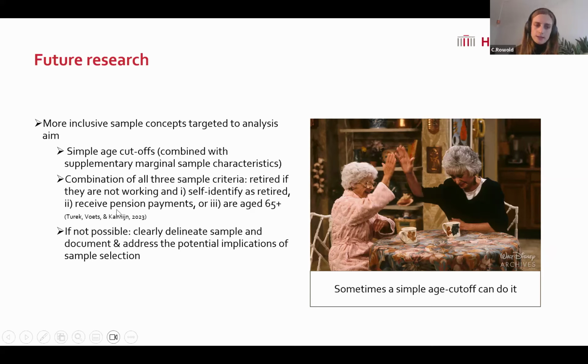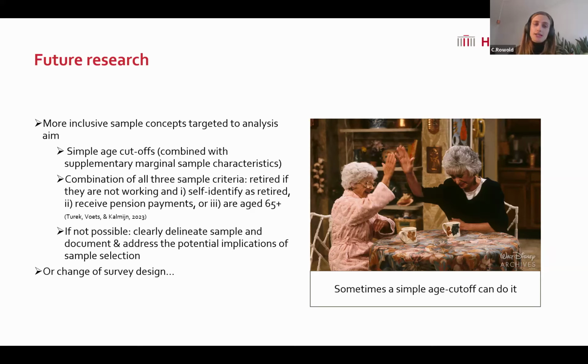Then also a recent data collection has suggested to combine basically all these three simple sample criteria and define those as retired if they are not working and self-identify as being retired or receive pension payments or are age 65 or older. And if even that is not possible, then at least studies should be transparent about how they define the samples and what might be the implications of that.